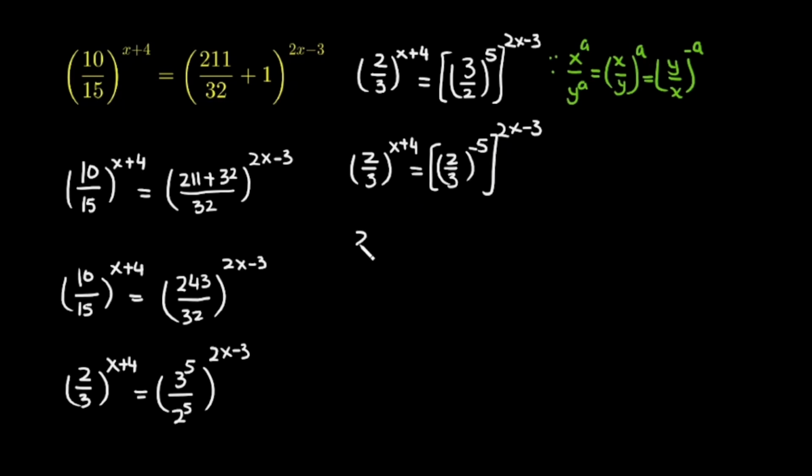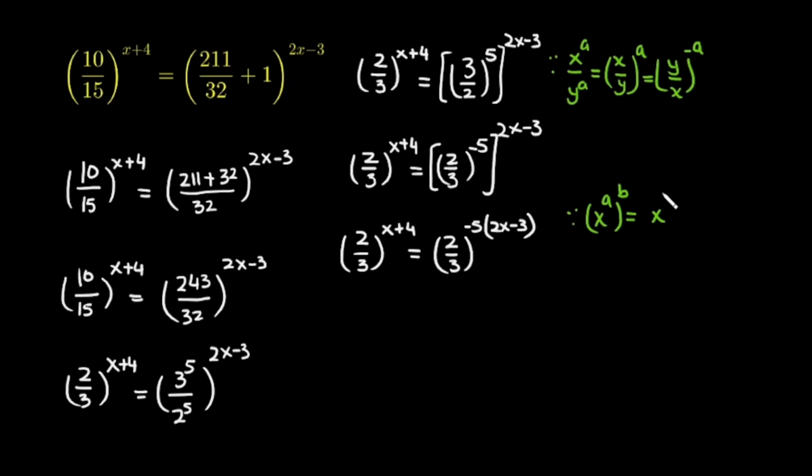So this is (2/3) raised to the power x plus 4 equal to (2/3) raised to the power minus 5 times (2x minus 3), because we know the property of the exponent: if x raised to the power a raised to the power b, we can write x raised to the power a times b. Just multiply the exponents.